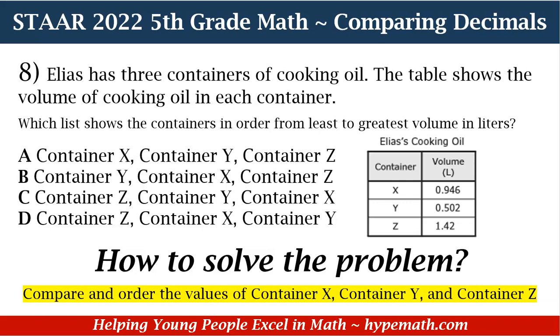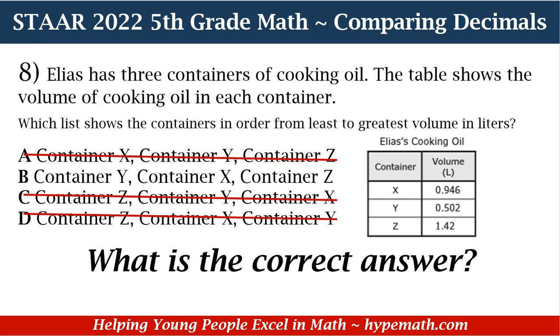So since we know that container Y is our first number, we can eliminate all of the answer choices that do not list container Y first, because we've already gone through comparing and ordering our decimal values to determine that container Y has the smallest container volume.